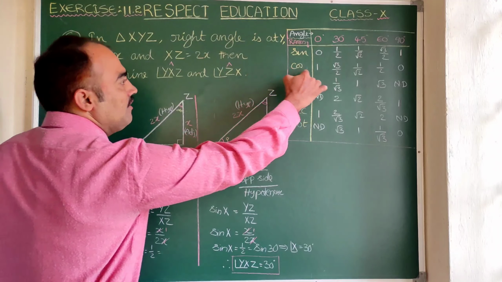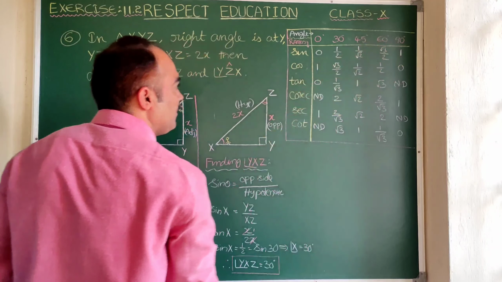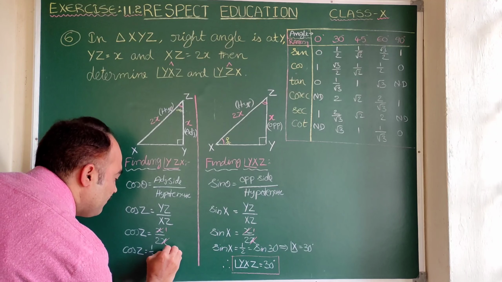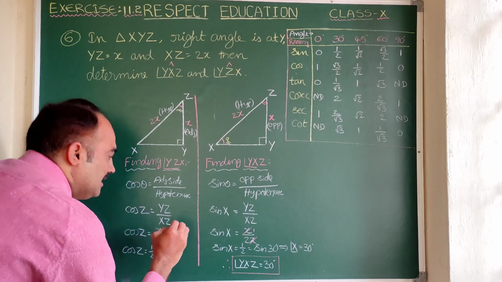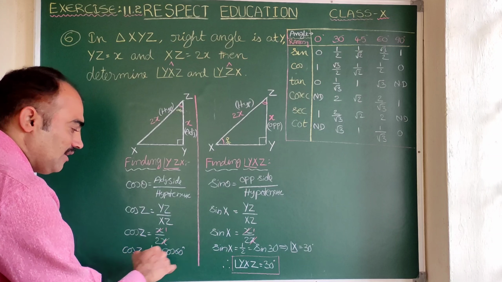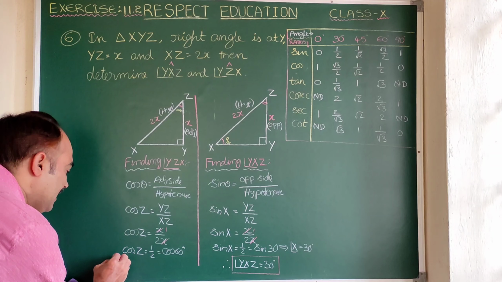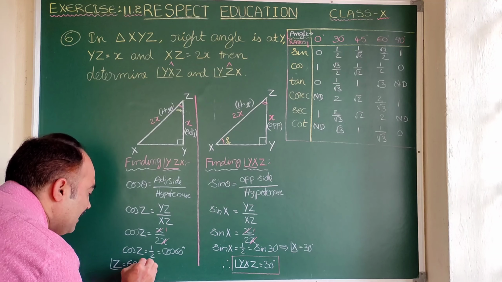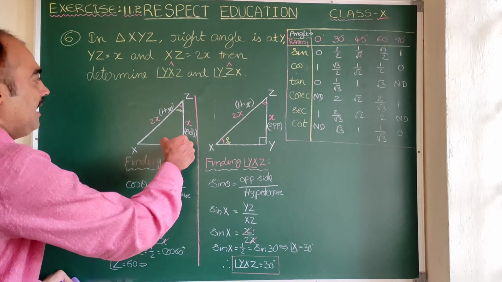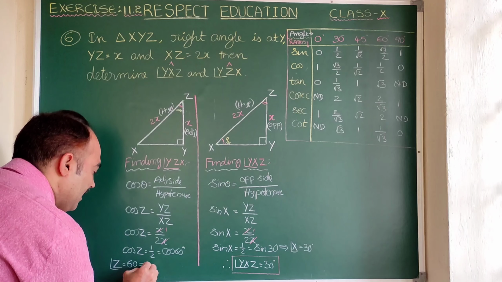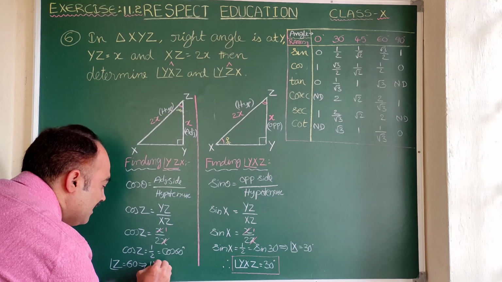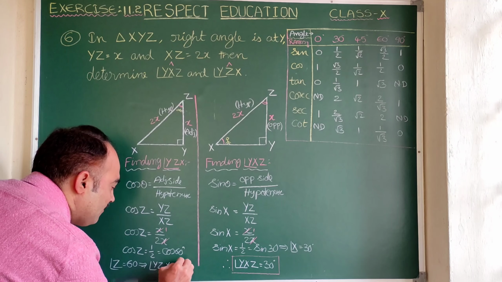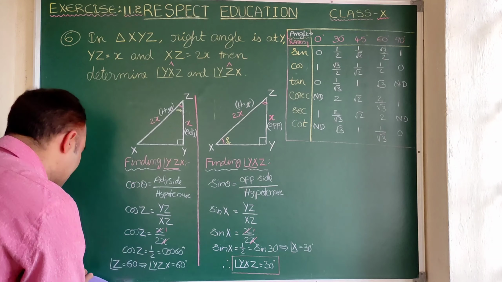In cos theta, which value is 1 by 2? 60 degrees. Cos 60 degrees. You just imagine that cos and cos get cancelled. Therefore, we get angle Z is equal to 60 degrees. Angle Z can also be written as angle YZX. Angle YZX is equal to 60 degrees.